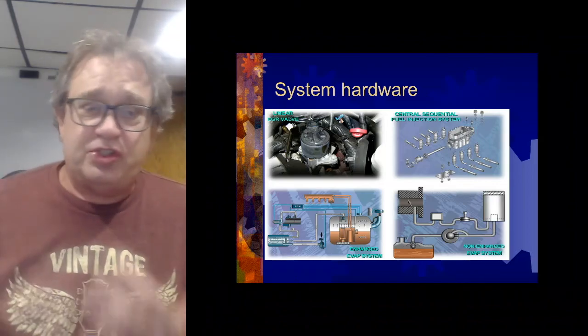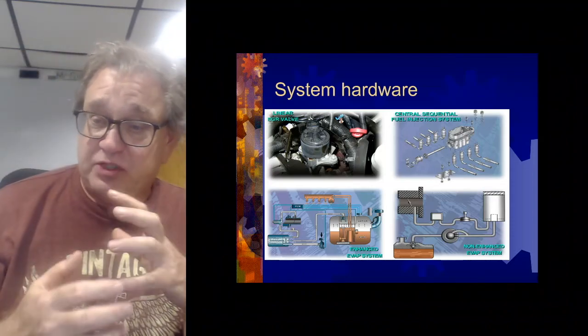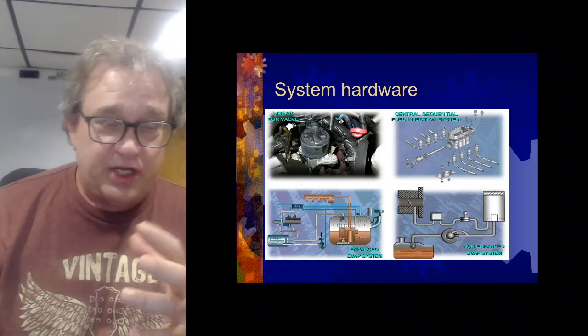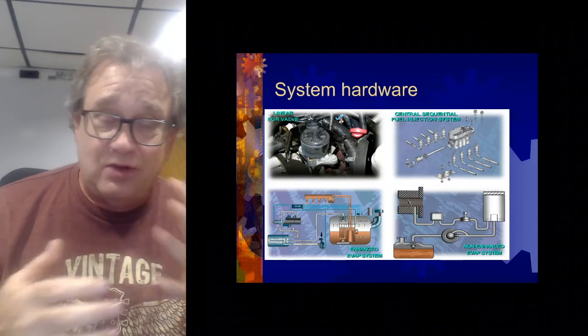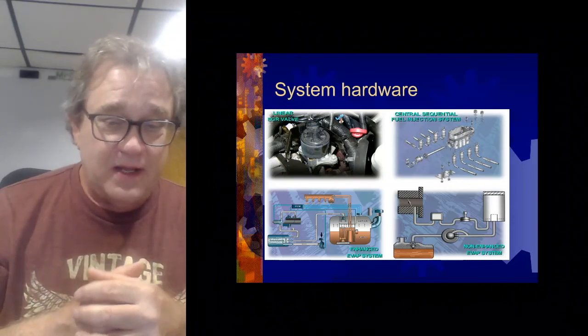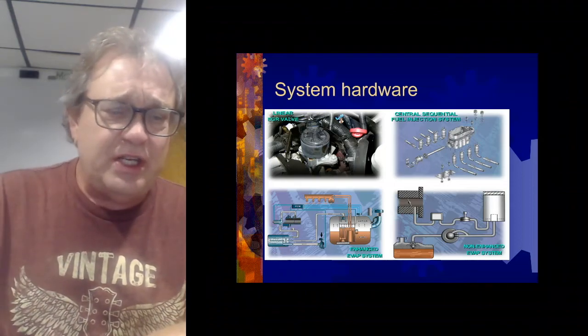Fuel injection, there's different types of fuel injection. Now we have direct injection. In the past, we've had central fuel injection, and all of these things come into play. Now, we've had evap systems, evaporative emission systems, for years and years.